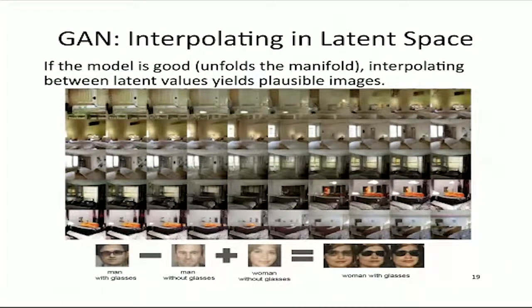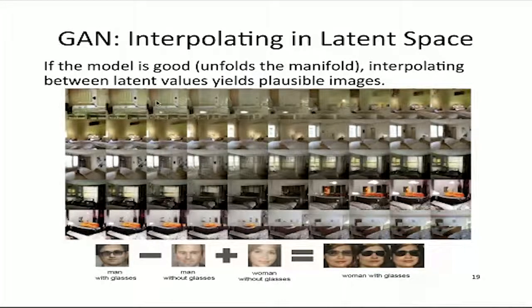Of course, if we were to interpolate in the pixel space, it would be very ugly. It would be just like two images superposed. It wouldn't look like a natural image. But the good news is that when we interpolate in this representation space, and then we map back using the generator or the decoder to pixel space, we see images that look natural.